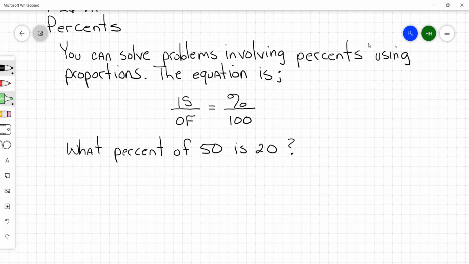The first thing you do when you see this problem is set up a blank proportion: fraction bar equals fraction bar, and you put 100 on the bottom right.